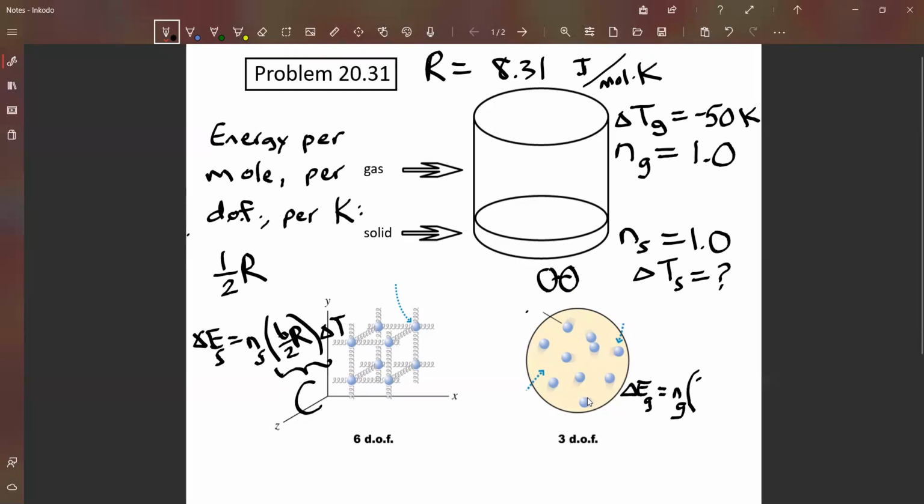So 3/2 R times delta T. And I should really call this delta T of the gas, and this is delta T of the solid over here.